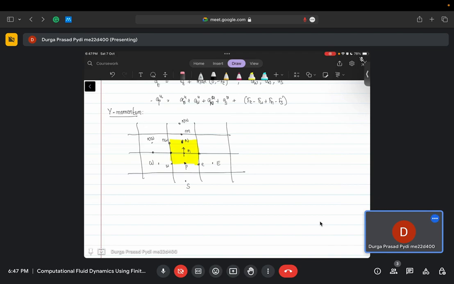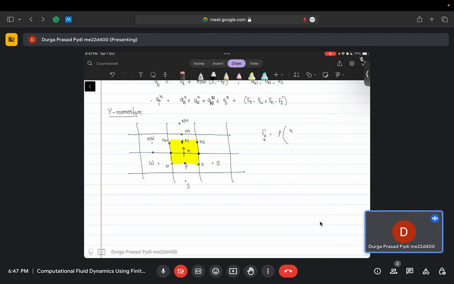Now you need to calculate the F. We will write the equations directly. What will be the value of F east? Rho times the velocity, which you need to calculate at this particular point, northeast. F east is a horizontal flux, so you need U here.